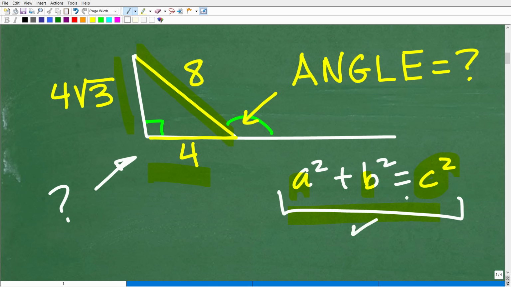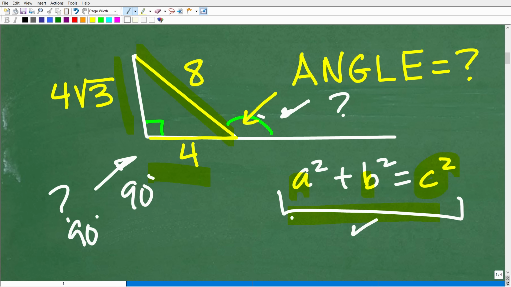Now, this only holds true if this is a 90-degree right triangle, and this really is the key to solving this problem. Now, if this is a 90-degree triangle, and it is, then finding this angle right here is a whole different discussion. So let's just suppose right now that this is a 90-degree angle. Well, we still have this problem of figuring out what the angle over here is. There are two approaches to this.